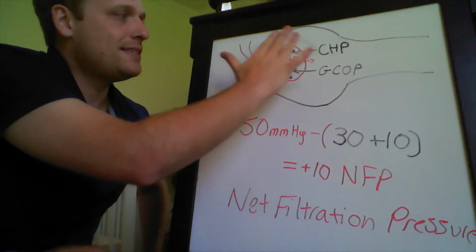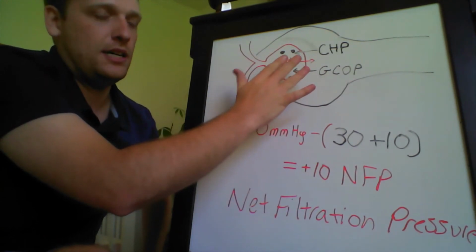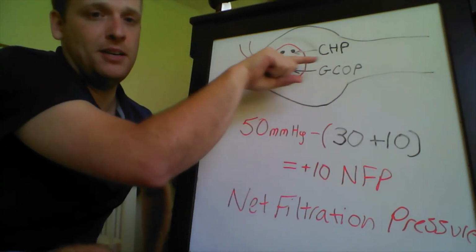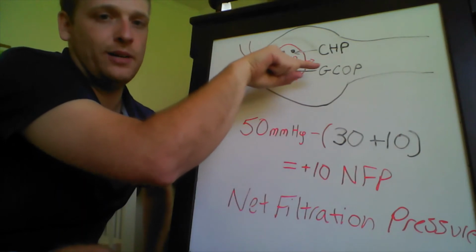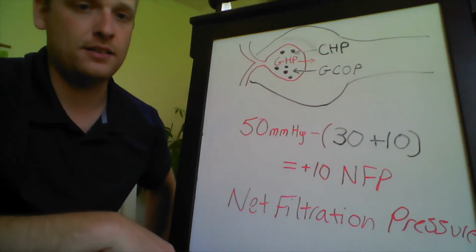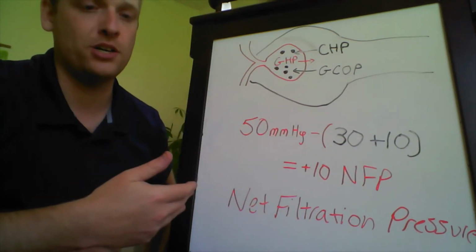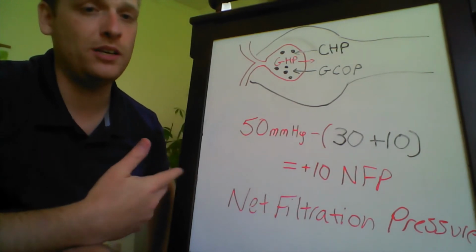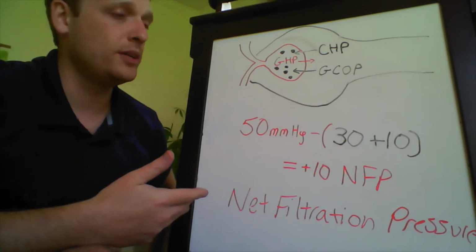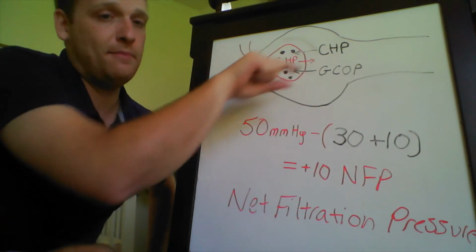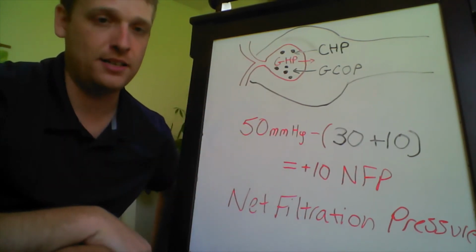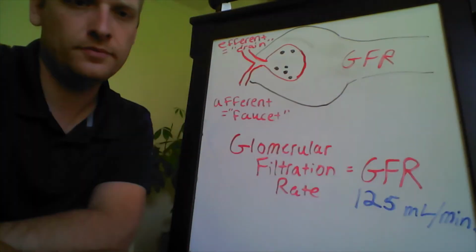So that means the sum of all these pressures is equal to 10 millimeters of mercury pushing fluid out of the glomerulus. So that's how net filtration pressure is calculated, and that's how we know that fluid and substances should be filtered out of the glomerulus due to those pressures.